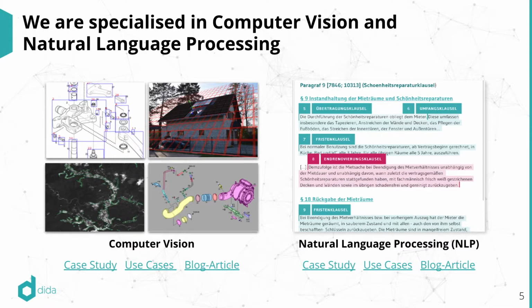Our main focus here is on computer vision and natural language processing, where computer vision focuses on the processing of and reasoning from images and videos, and natural language processing, as the name says, is about the reasoning from natural language, especially from free-form text in our case. For both of these fields, I added a few links leading to case studies, use cases, and blog articles from DIDA about these two fields.